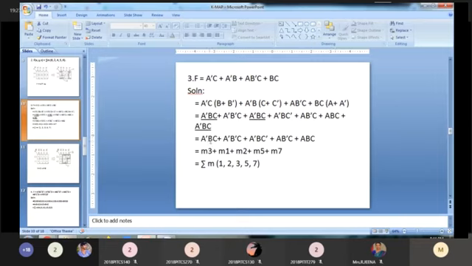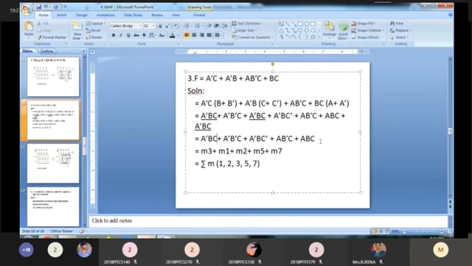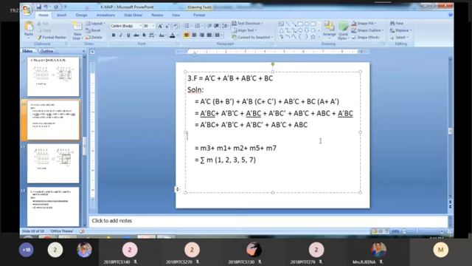Now you are going to find the values for this variable. Now write the values. What is the first variable? A bar. Bar means you have to consider as 0. B 1, C 1. Next, what is the second variable?